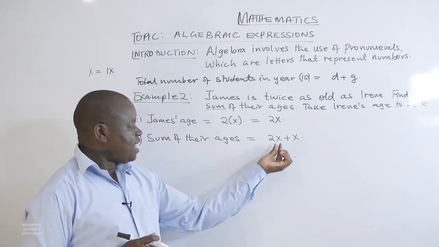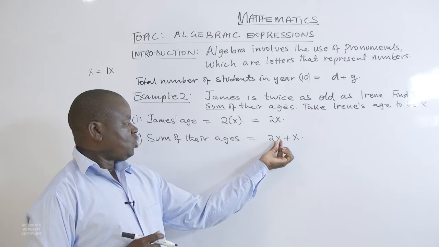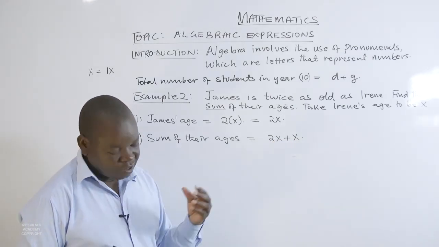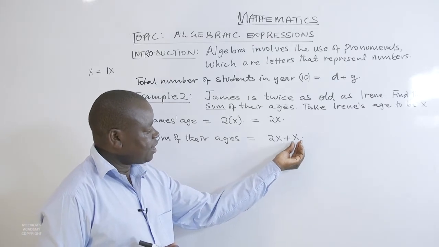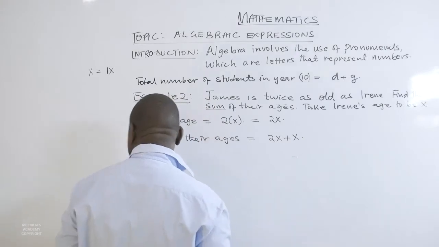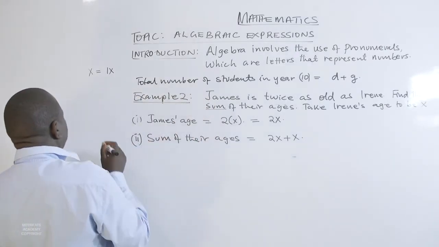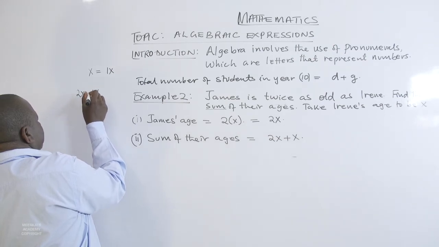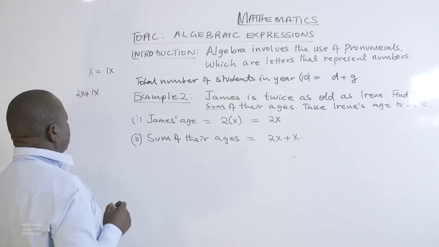So here we are adding 2x plus x. And if we are adding 2x plus x, this is how we can do the addition. We have 2x plus 1x.